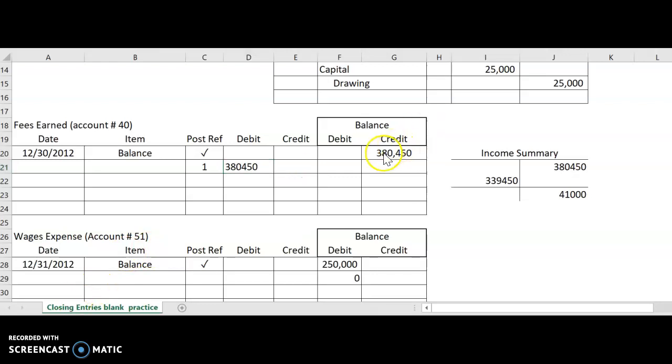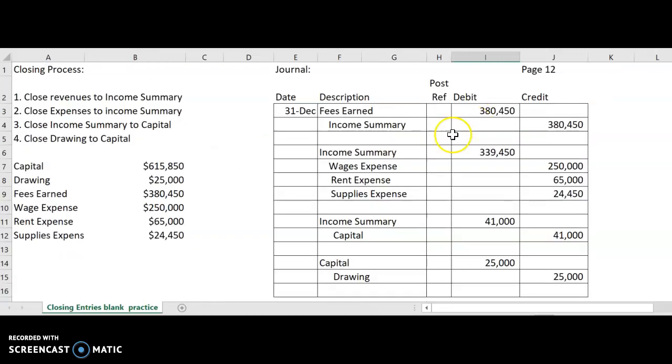Now, if I had a credit balance of $380,450 and then I just debited it in the closing entry, then I would have a balance of 0 in fees earned. This is exactly what I wanted to happen. I wanted to have the balance to 0 so I can start over in the next period. I'll place that into the account 40. So I will go up here and put 40, and now fees earned is done.